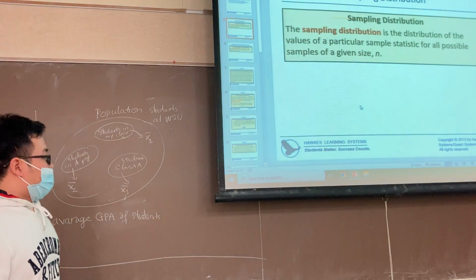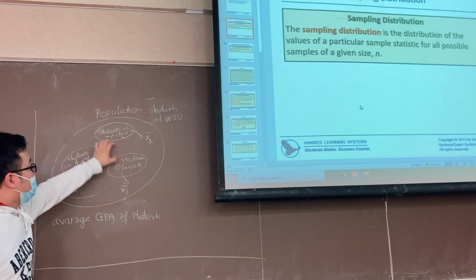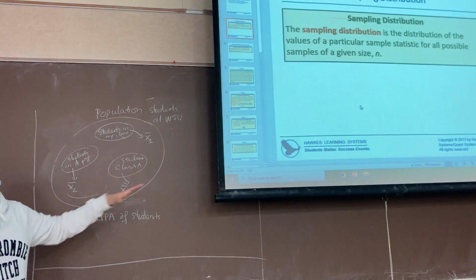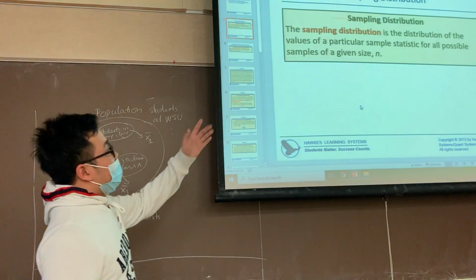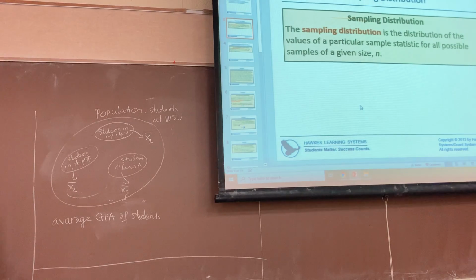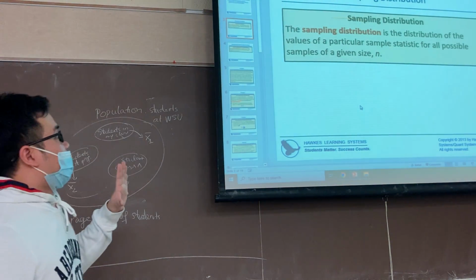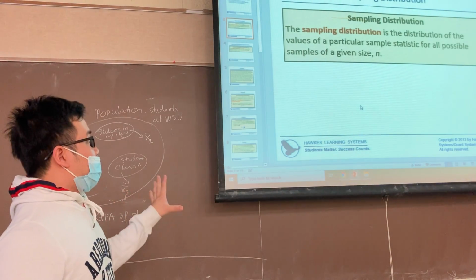When we measure each sample, we will have a table or a graph for this, and this is called the sampling distribution. That is the definition: the sampling distribution is the distribution of the values of a particular sample statistic for all possible samples.